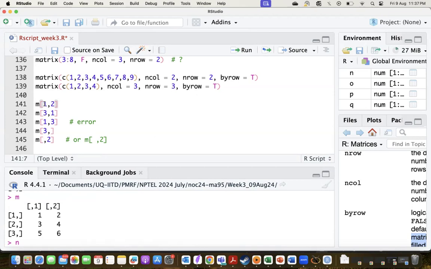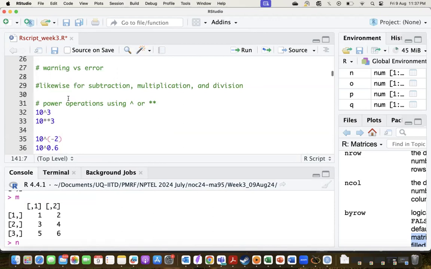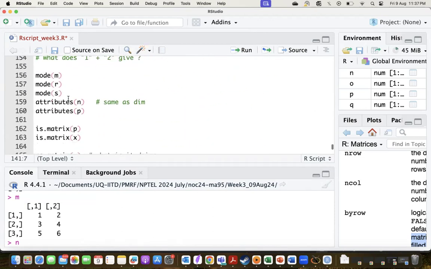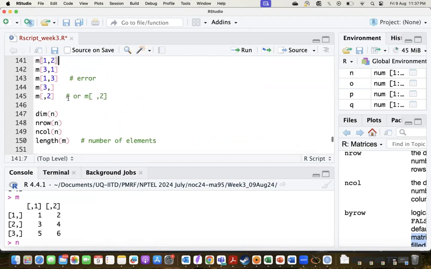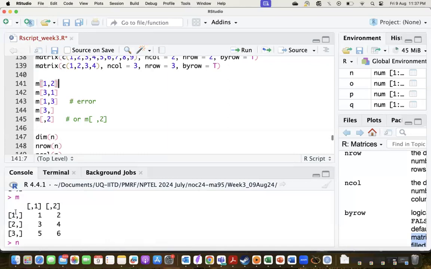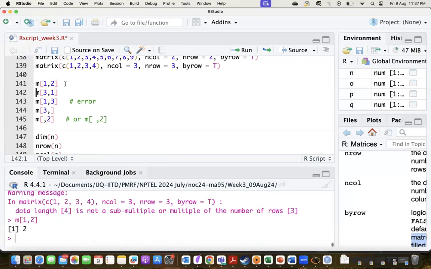That's good thinking, but that's incorrect. Would you like to give another try? The hint is we're talking about elements at a particular position here. So first row, second element. Yes, perfect. First row, second element, which is this thing, so it should give me 2 as the answer. And it gave me 2 as the answer.